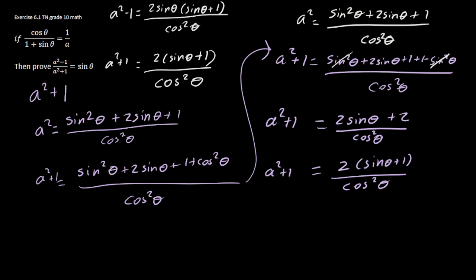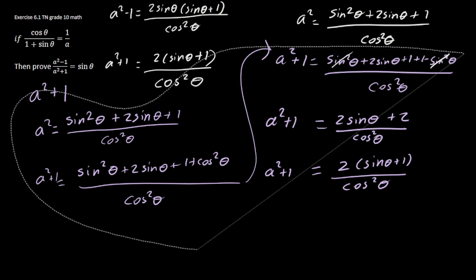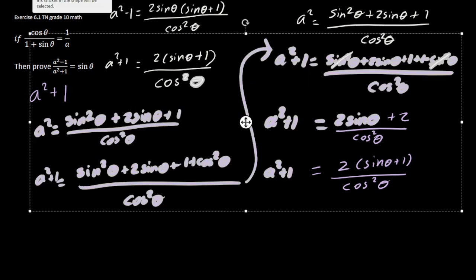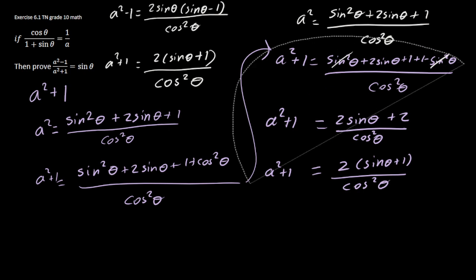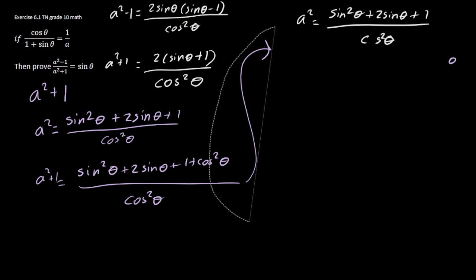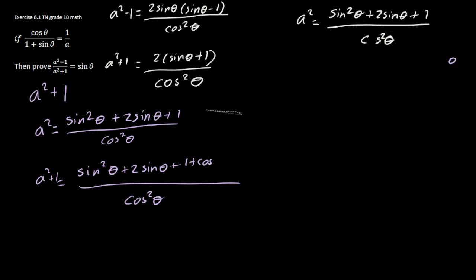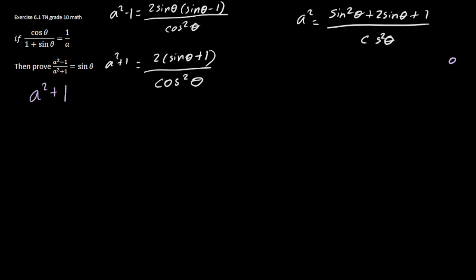So let's just erase all this. Alright, so now I'm done erasing all this. We can do a squared minus 1 over a squared plus 1.